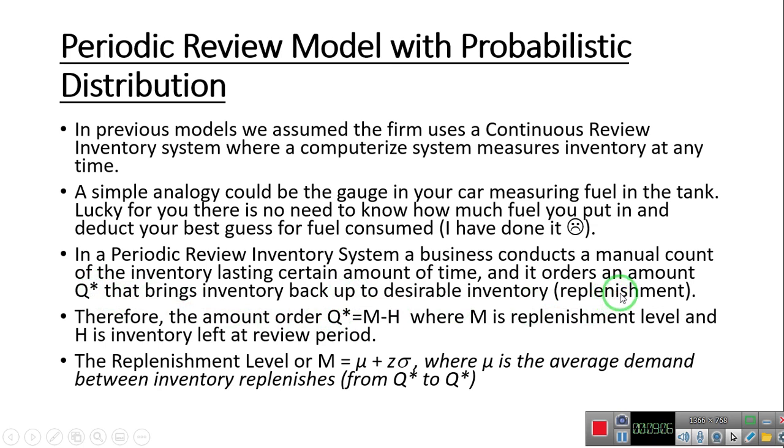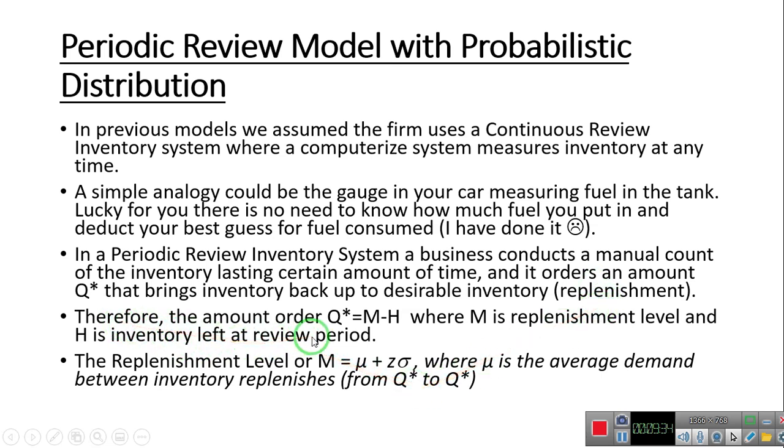So for example, in a dollar store, if you like to carry 100 bottles of bleach, that will be your replenishment level, what we call M, letter M. And after you do your inventory, you will order enough Q star to get you back up to that replenishment level, the maximum inventory, if you will.